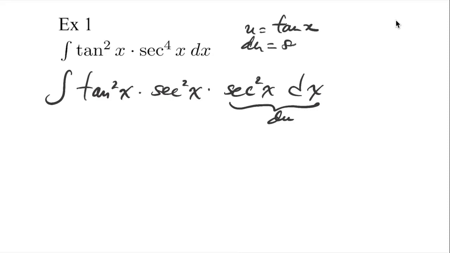Therefore du is secant squared x dx. If that's the case, then that is a u squared, and this right here is equal to what, guys? Tan squared x plus 1, right? That's a u squared plus 1.